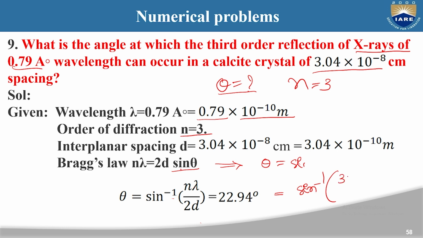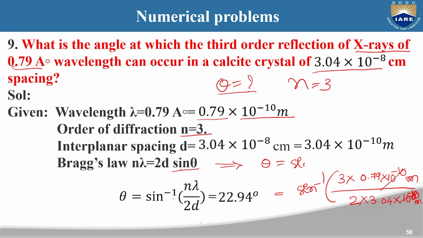n is equal to 3. Lambda, wavelength, is equal to 0.79 into 10 to the power of minus 10 meters divided by 2 into d, where d is the interatomic spacing. How much value? 3.04 into 10 to the power of minus 10 meters.